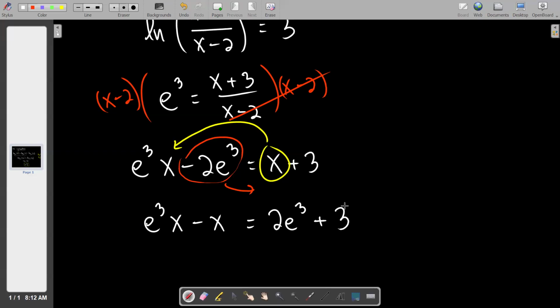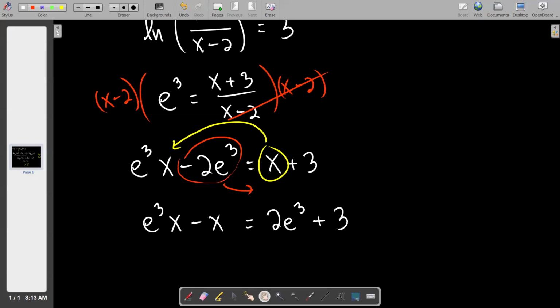We did that to bring them to the same side so that we can undistribute or factor the X. Right now, there are two copies of X, and this is one of the oldest, best tricks in the math playbook: if there's two copies of something, put them on one side and factor it out. So you wind up with x times e cubed minus 1.